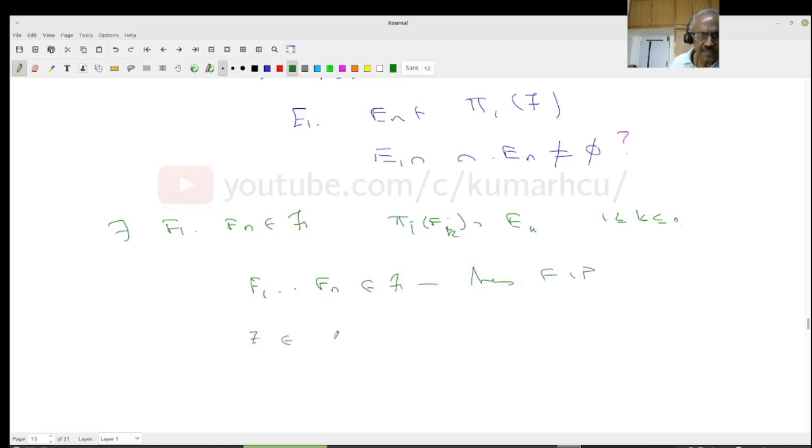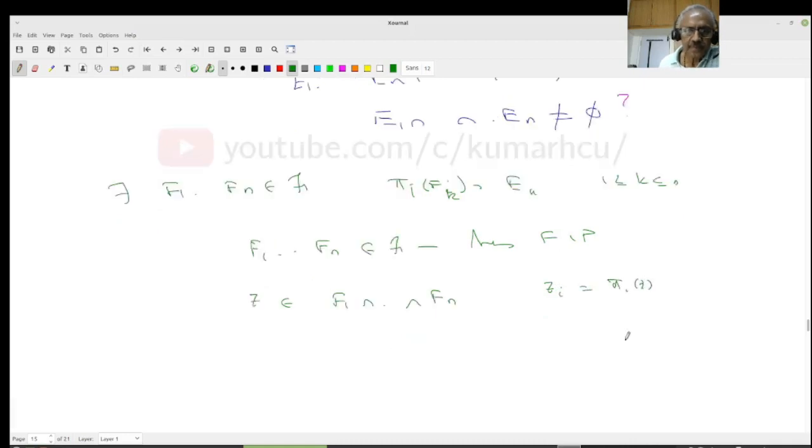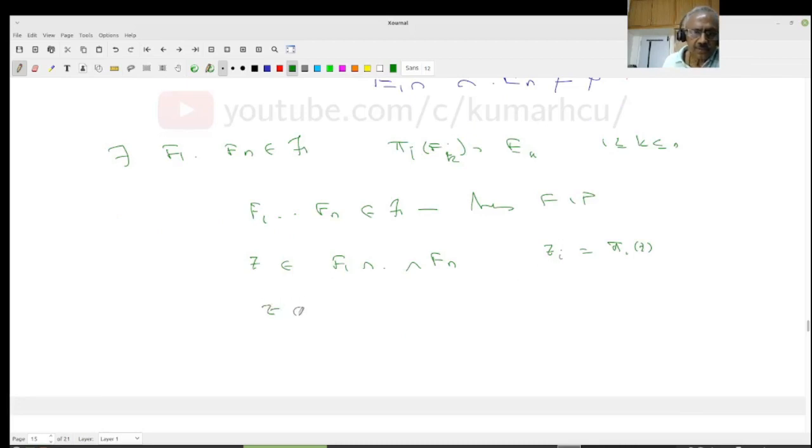There exists a z which belongs to F1 intersection ... intersection Fn, because this is not empty. Now let's look at z_i equal to pi_i of z. Therefore z belongs to Fk for 1 less than or equal to k less than or equal to n, this implies pi_i of z belongs to pi_i of Fk, but that is Ek.